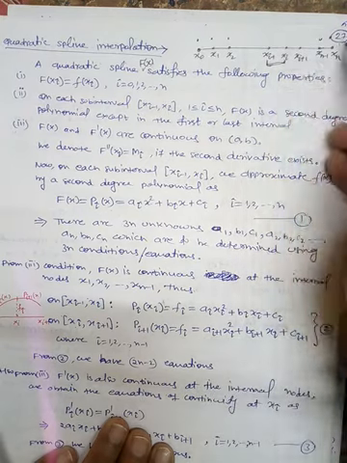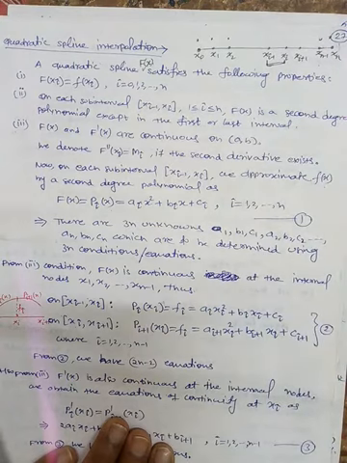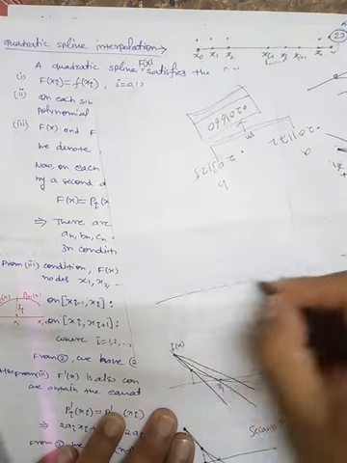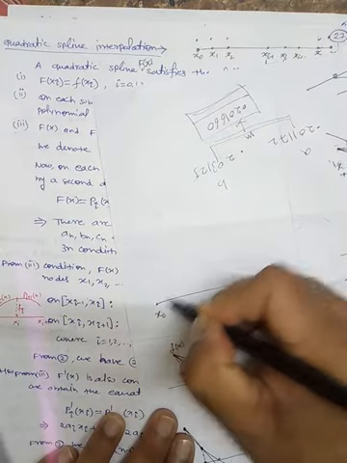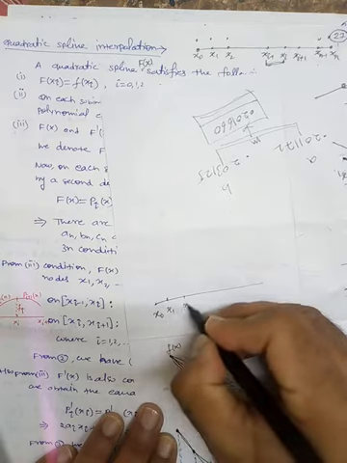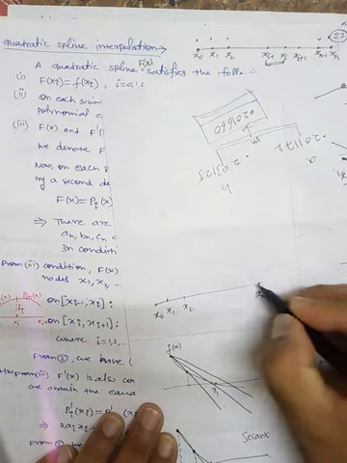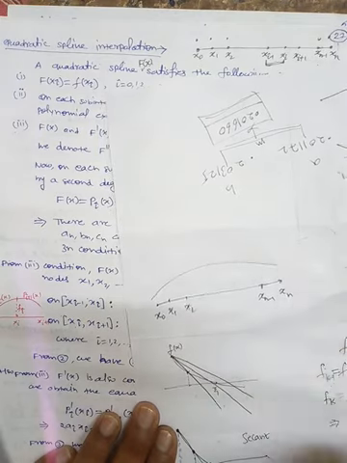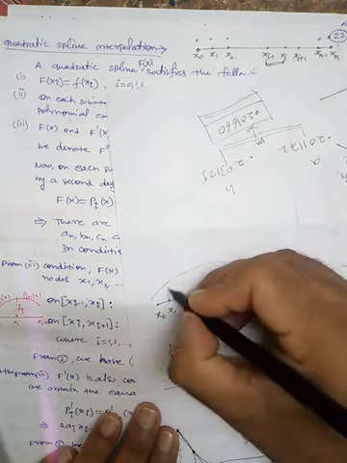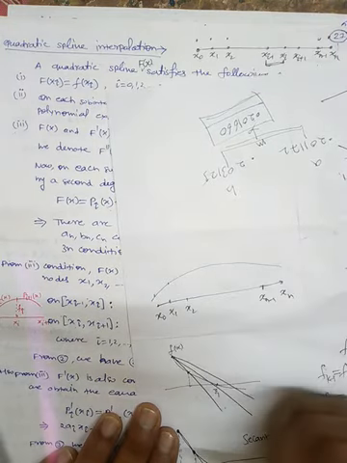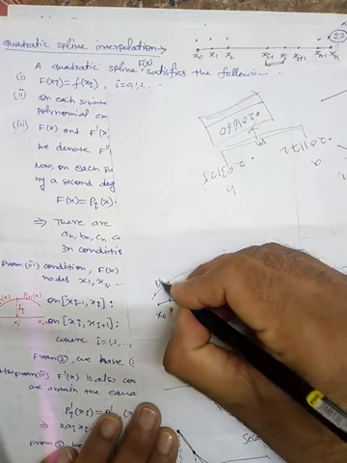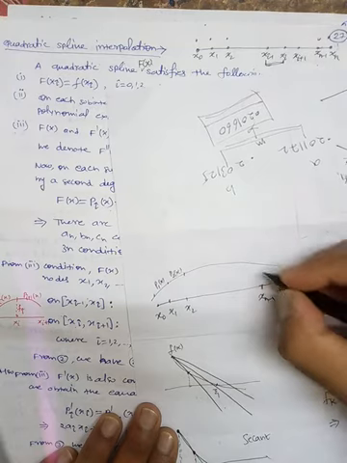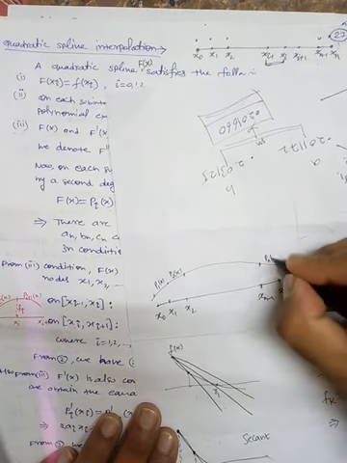So basically we have total n number of polynomials. If you see, these are the nodal points x0, x1, x2, xn minus 1 and xn. So basically we are constructing a curve like this. This is our spline. This is basically the polynomial p1 of x. From here to here the polynomial is p2 of x, and the last interval is pn of x.